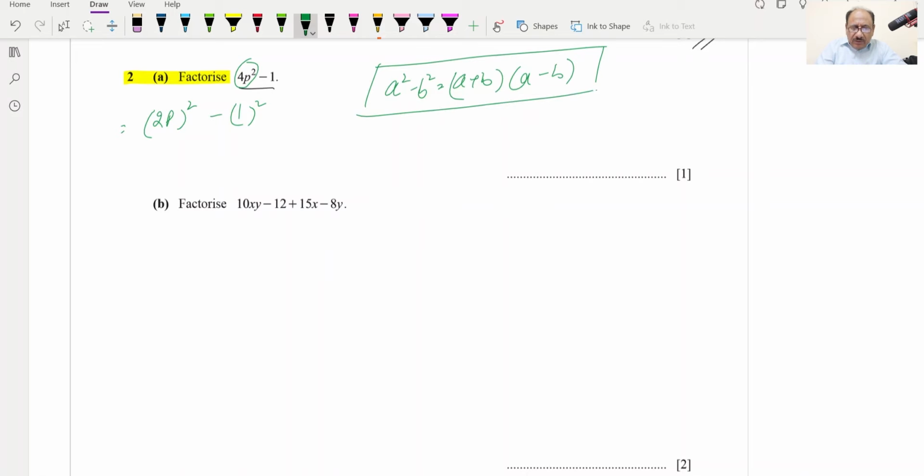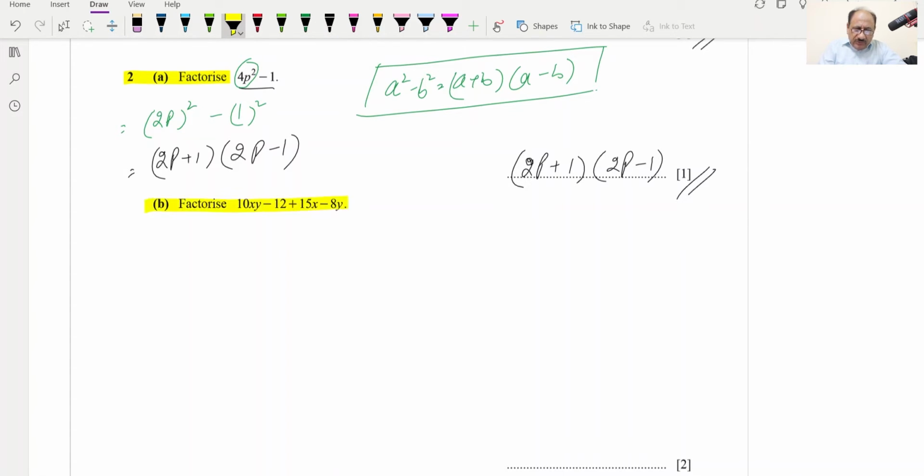By using this formula, our a is 2p and b is 1, so a plus b is 2p plus 1, and a minus b is 2p minus 1. This will be our final answer for this question. So we write 2p plus 1 and 2p minus 1. This will be a 1 mark question.